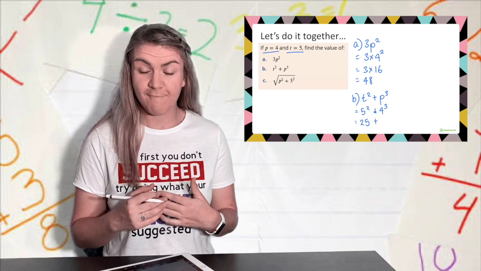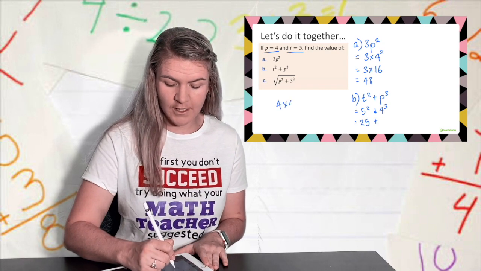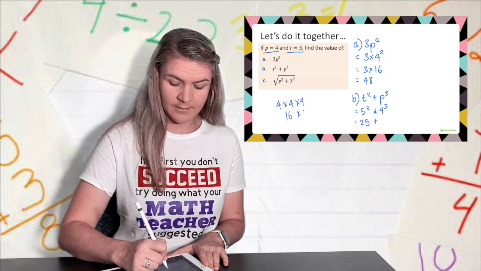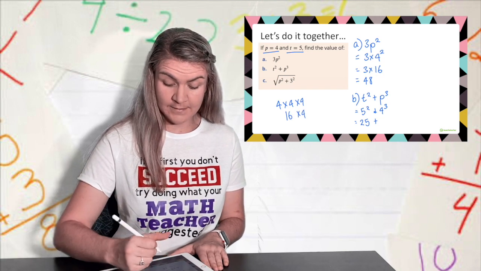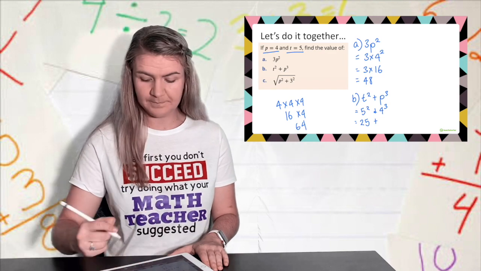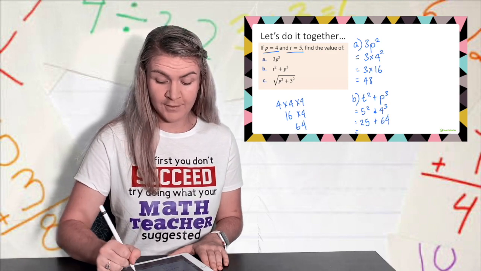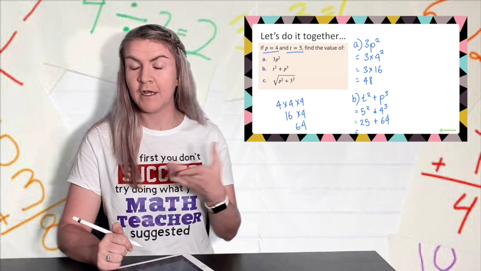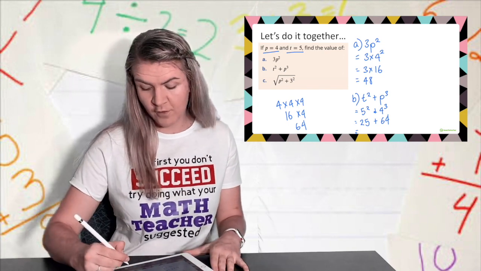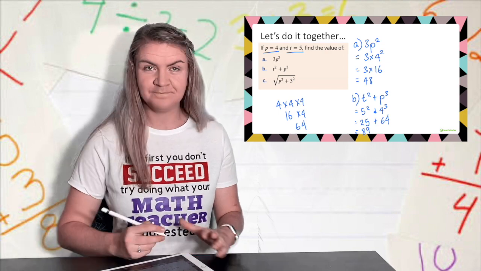Okay, so remember 4 cubed is like 4 times 4 times 4, which 4 times 4 is 16, times 4 is 64, I think. You can use your calculator for that, but remember we have to show a full working. And then 25 plus 64 is 89.